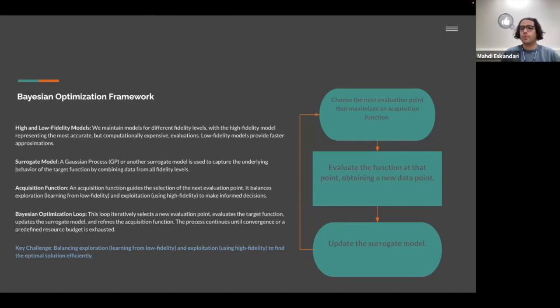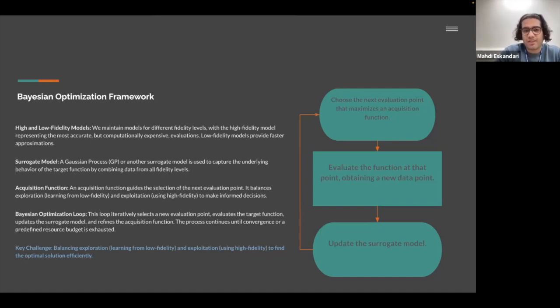We evaluate that point, find a result, and update the surrogate model based on that, and go through this process until the budget is exhausted or we reach the number of iterations we are going to have.